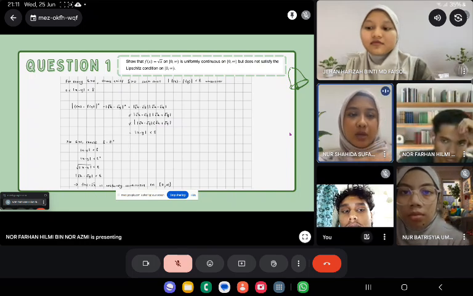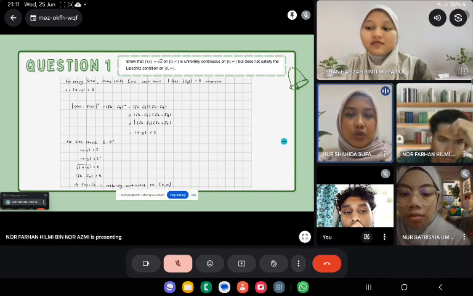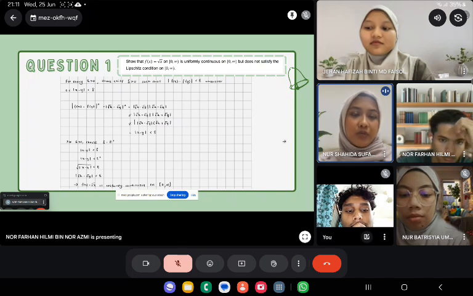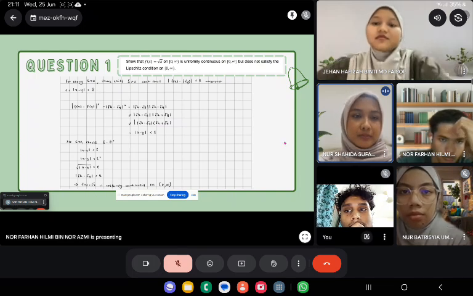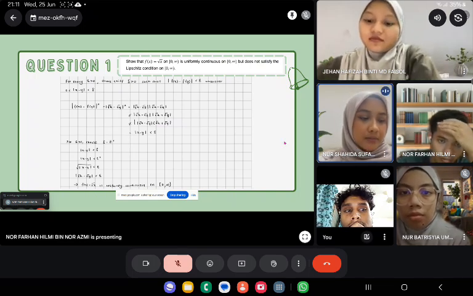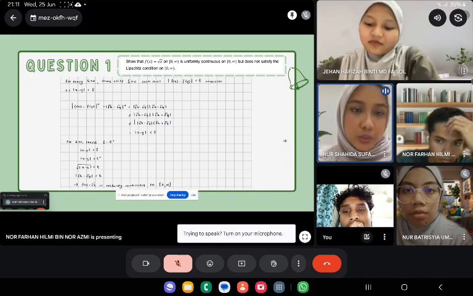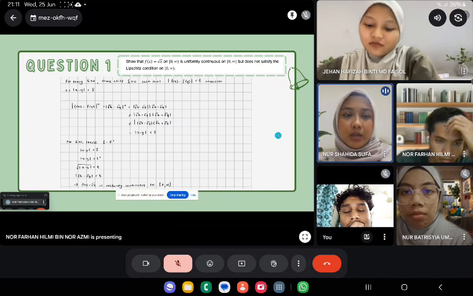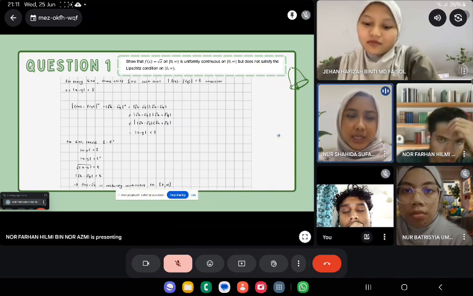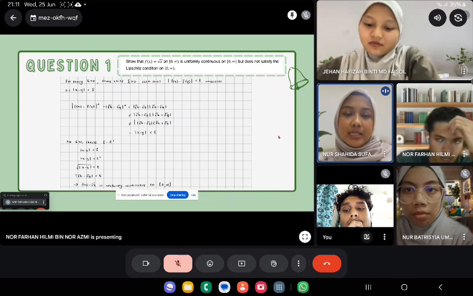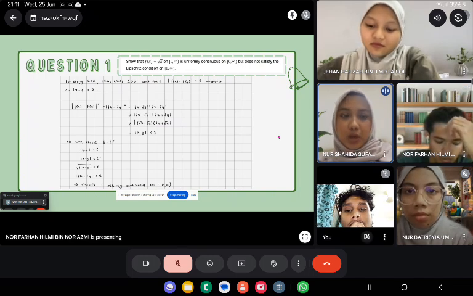Next we are going to show that it is uniformly continuous first. From this, we use the metric spaces. We continue the equation, and then we must show that it is less than epsilon.